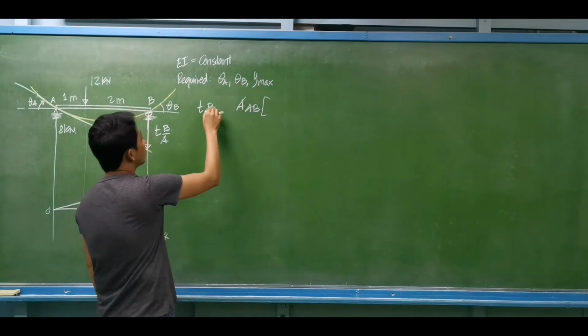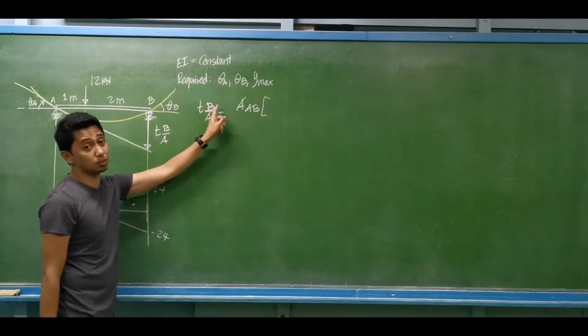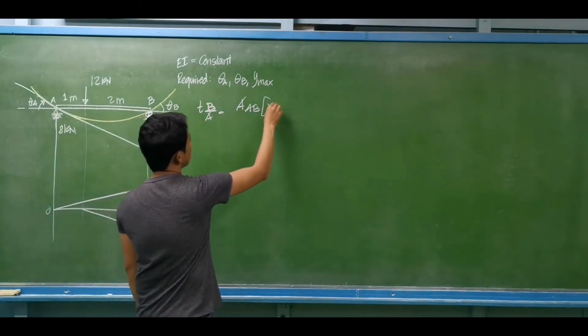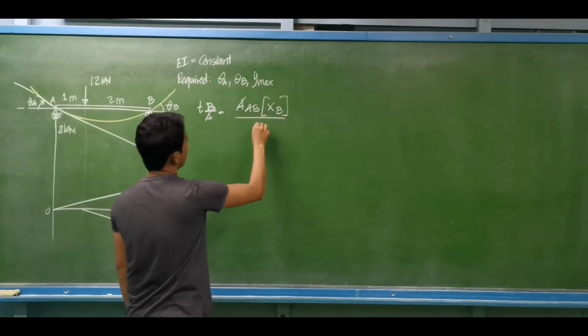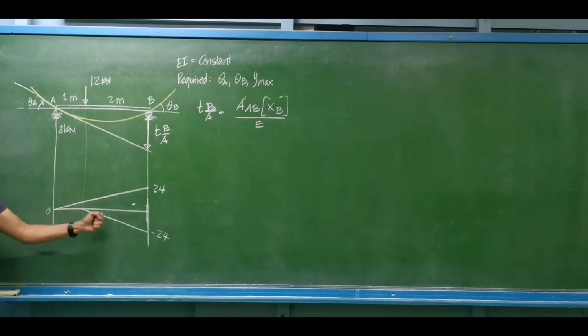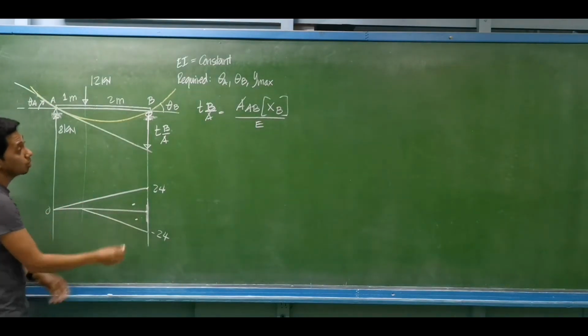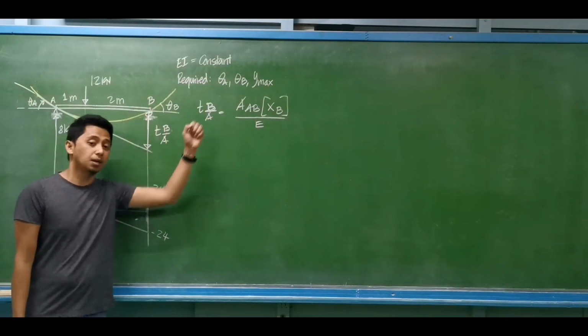From this term, can you observe the numerator? The upper letter is B, and the distance of the centroid is towards point B. This is all over EI. So the summation of the area of the moment diagram from A to B multiplied by the distance of their centroids towards point B is the deviation from A to B.